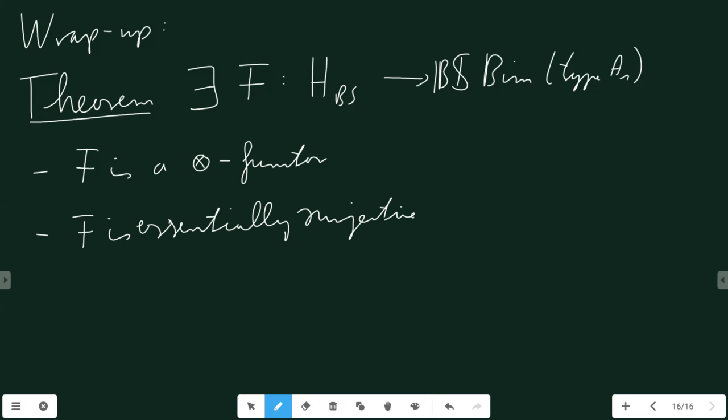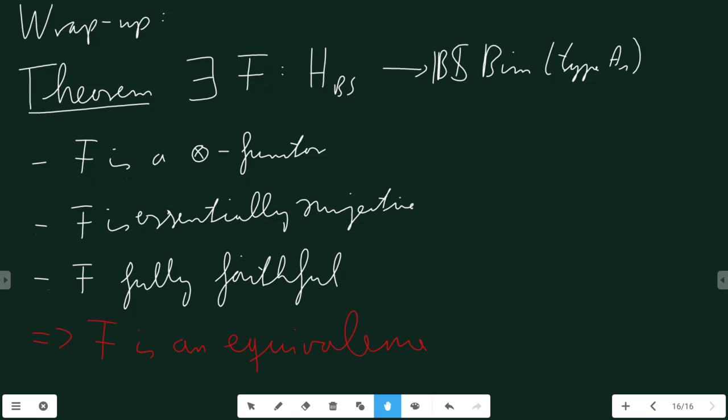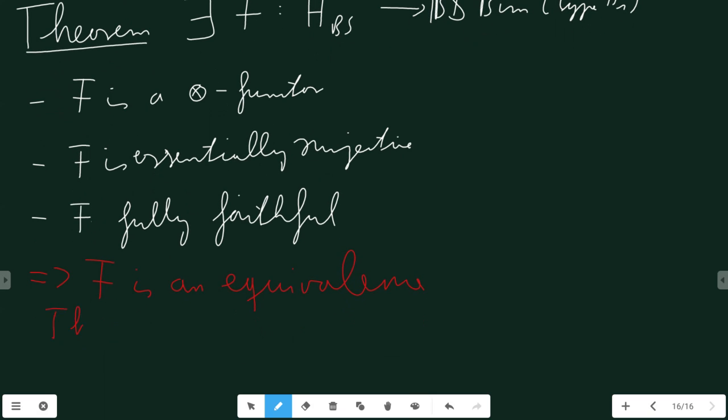That just means it's basically a bijection on objects up to equivalence, and F is fully faithful, which means F is an equivalence, and thus our category HBS is a diagrammatic model of BSBIM.